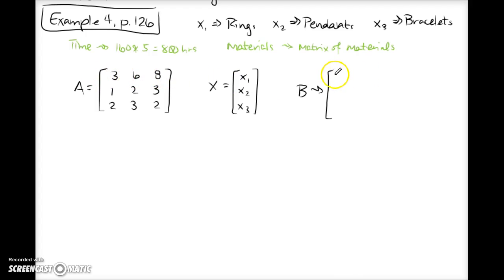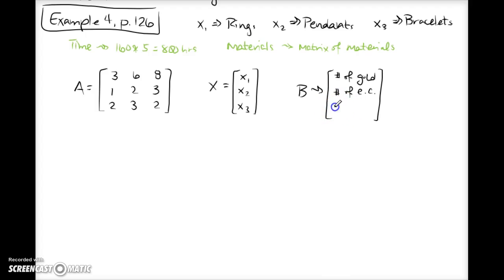So that means in matrix B, I want for this first row to be the number of grams of gold. So the amount of gold that's needed. Okay. In that second row, it's talking about the enameling compound. So it's the amount of enameling compound. So I'm just going to call it EC for short.